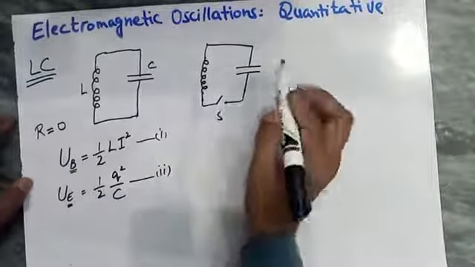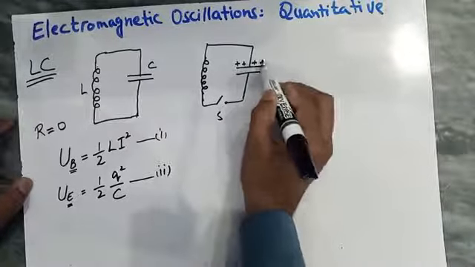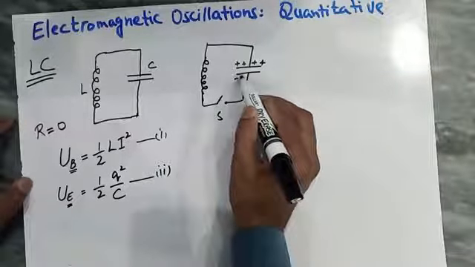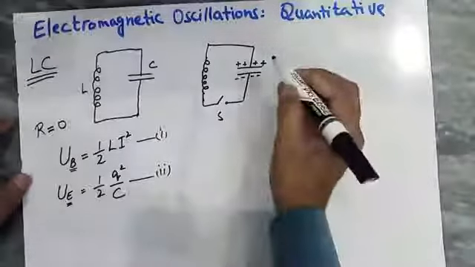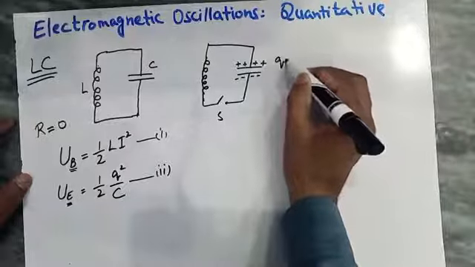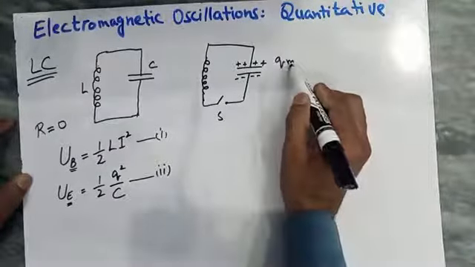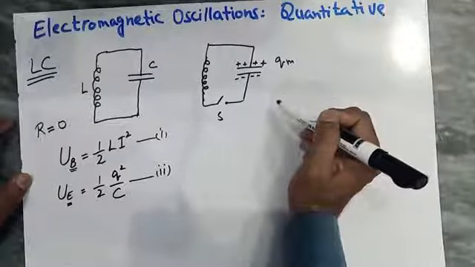Initially the capacitor is fully charged, one plate of capacitor has positive charge and the other plate has negative charge. Suppose maximum amount of charge on plates of capacitor is Qm. This subscript m is used here to indicate maximum amount of charge.